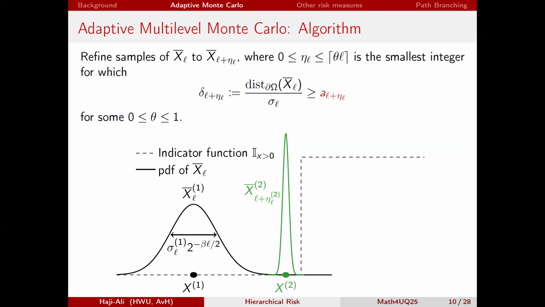And the way to decide is by looking at the distance to the discontinuity divided by some random variable, which is arbitrary, or you can choose it to improve the algorithm. But if this distance is large enough, then you decide, okay, I'm confident now that I'm far away from the discontinuity. If it's small, then you refine further until this condition is satisfied.